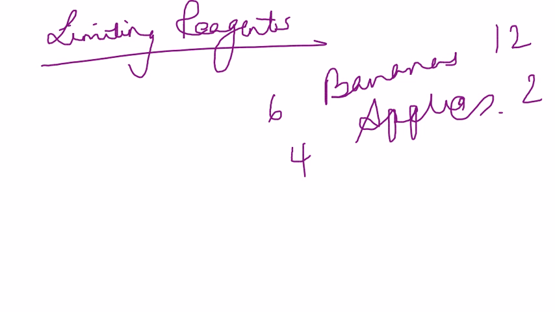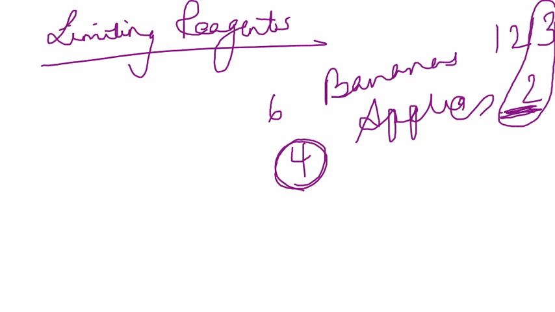Well, realize since the number of apples is lesser, you cannot use any more than 3 bananas in this particular case. So for every 2 apples you will utilize only 3 bananas, and the remaining 9 bananas are simply going to be returned back to the fridge.